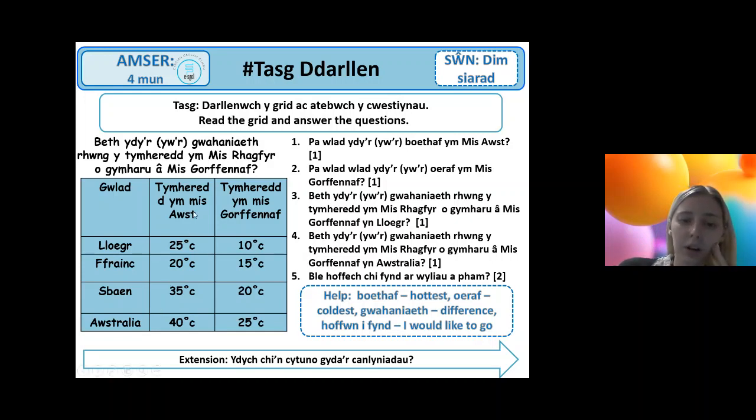So if you have a look, these are the temperatures in different countries in December, and these are the differences in Gorffennaf, July. So these are the questions in Welsh, and you need to use the grid in order to answer the questions, okay?